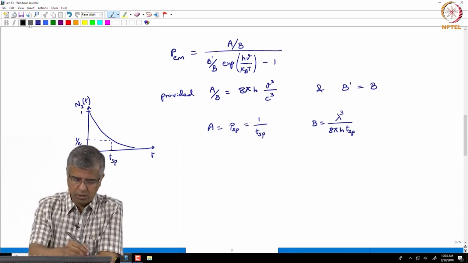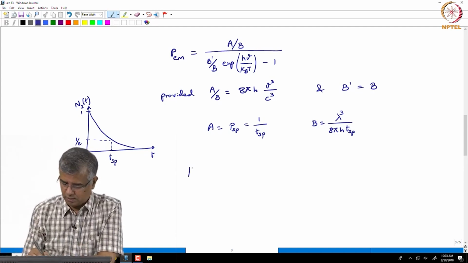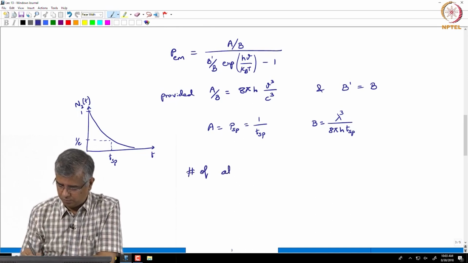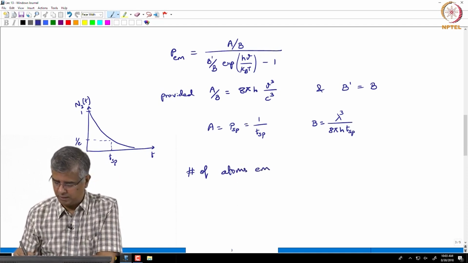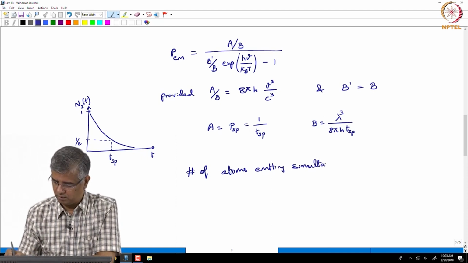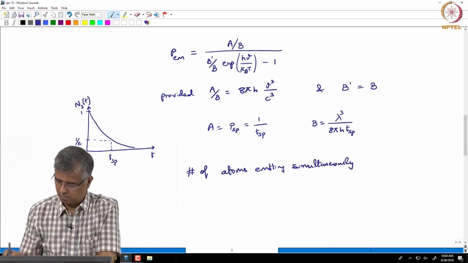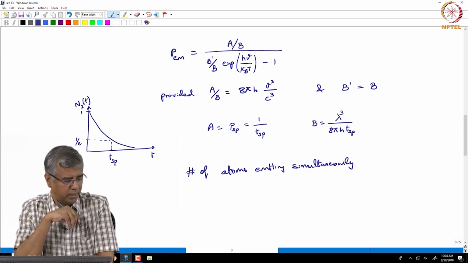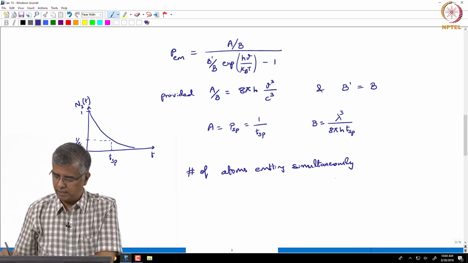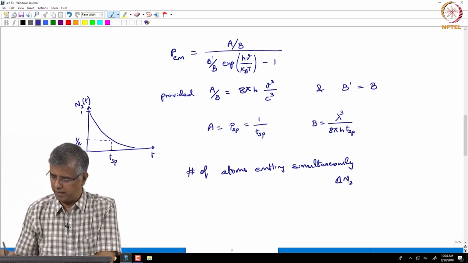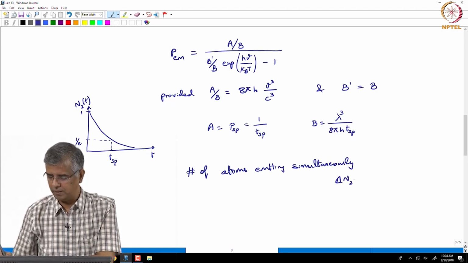So, if you consider the number of atoms that are emitting simultaneously at any particular time t, let us say that the fraction of atoms emitting is delta n2, okay.